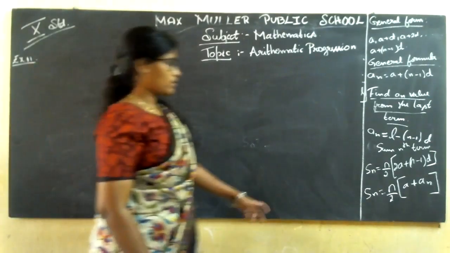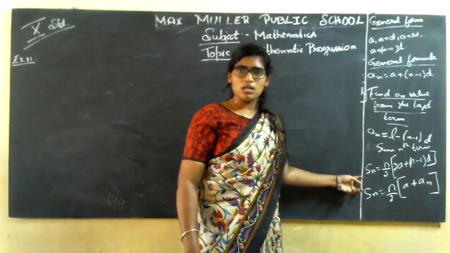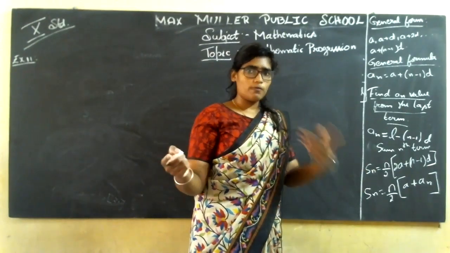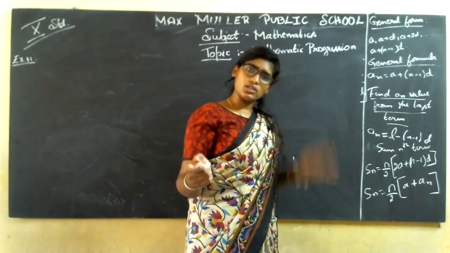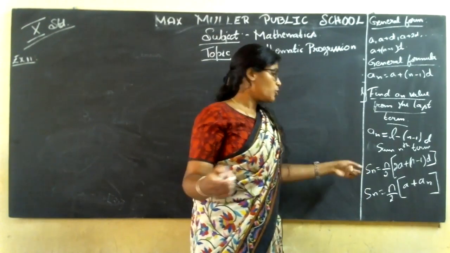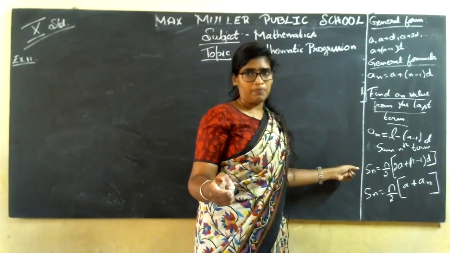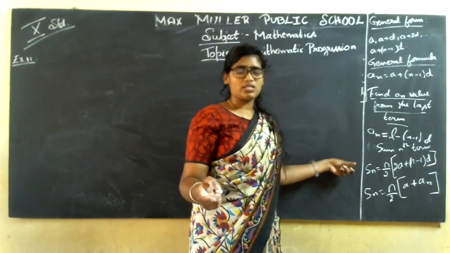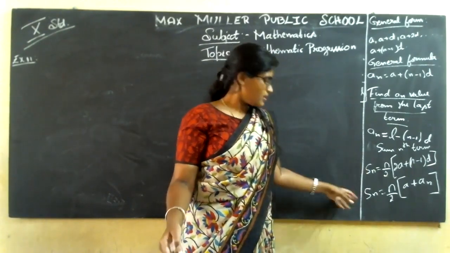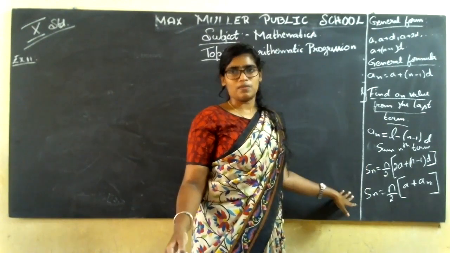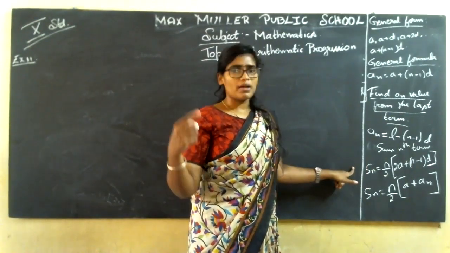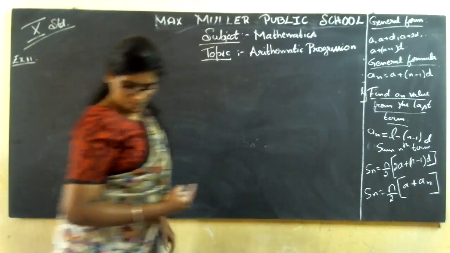I'll be solving based on both the formulas. Look at which formula is comfortable for you and go for that, but most of all, children, make sure that you use the first formula. This is the standard formula for Sn to find the sum of n terms, and the other is rarely used. I'll tell you when to use it, but keep in mind that you are going to use the standard formula.